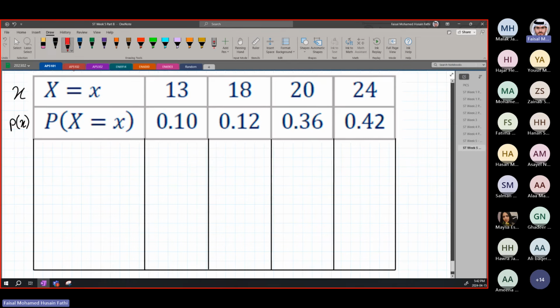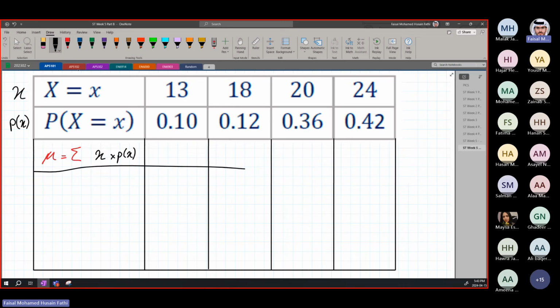First thing we need to find is the average, the mean, which is mu. How can we find the mean? What is the mean equal to? So mu is just equal to sigma of what? It is x times p of x. So what are we going to do here?